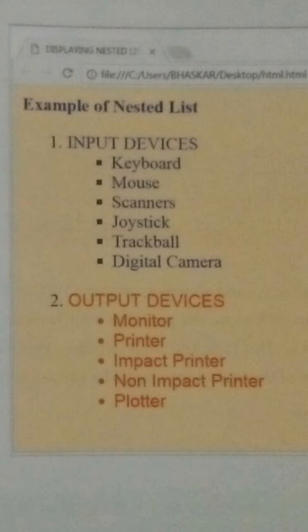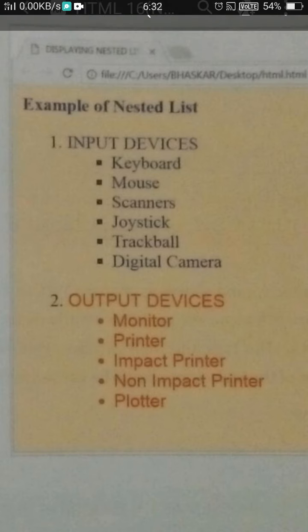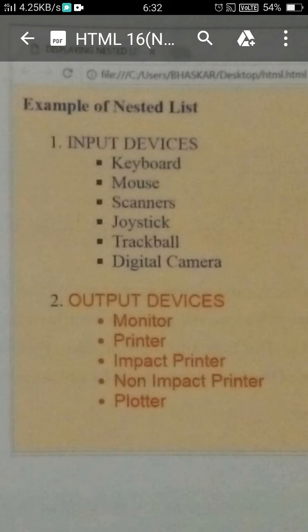Under one, input devices are given, which are keyboard, mouse, scanner, joystick, trackball, and digital camera. And these devices are having bullet, which is an example of the UL tag, and here its type is square.